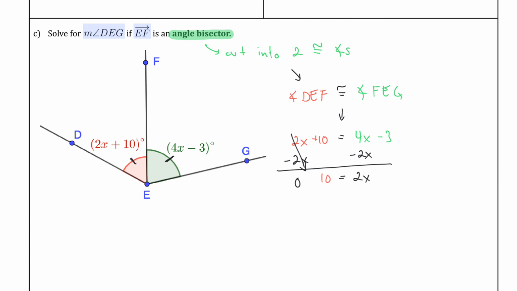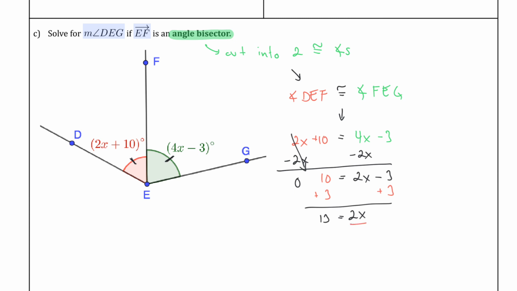2x minus 3. I'm going to continue solving for x. I'm going to add 3 on both sides of the equation. 10 plus 3 is 13. And so we get that 2x is equal to 13.